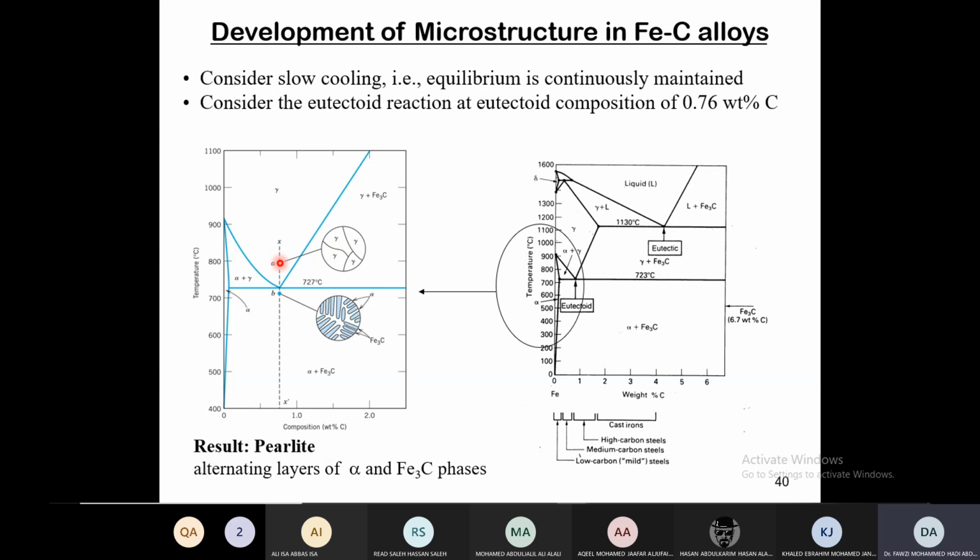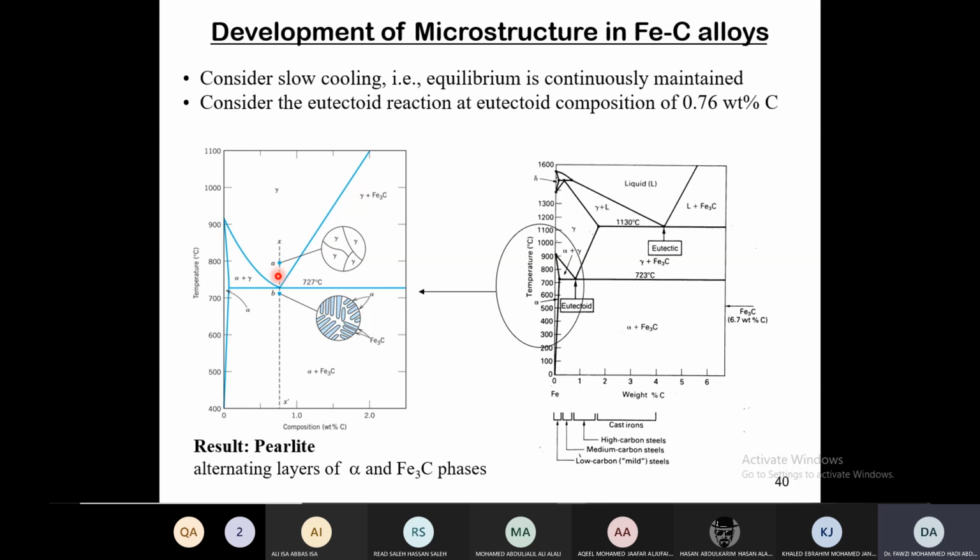If we are above there, we will be in the gamma zone, and in the gamma zone we will have a polycrystalline solid. This gamma, which is the austenite phase, has an FCC crystal structure.